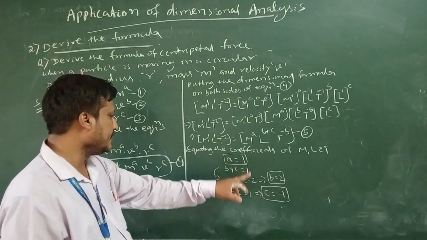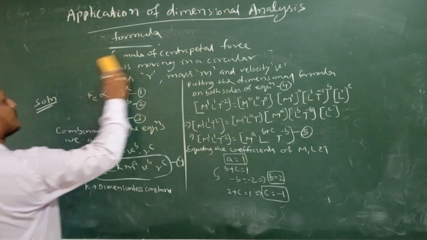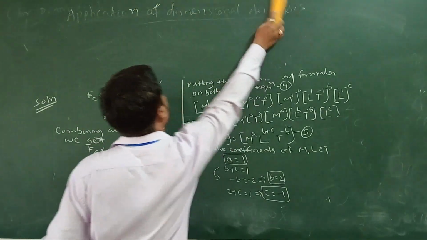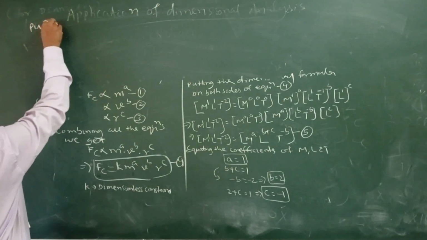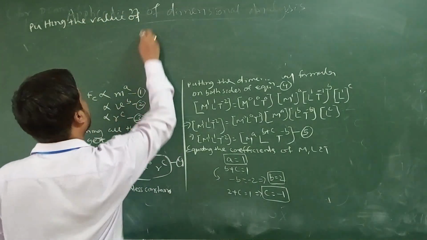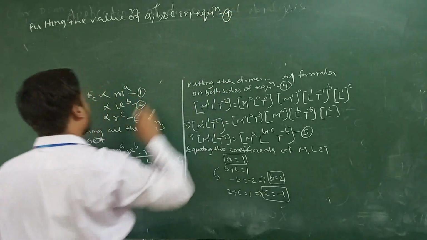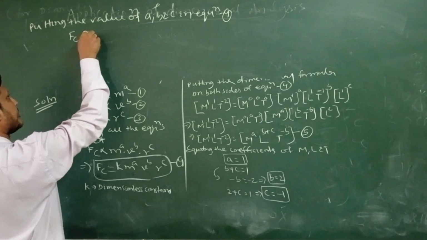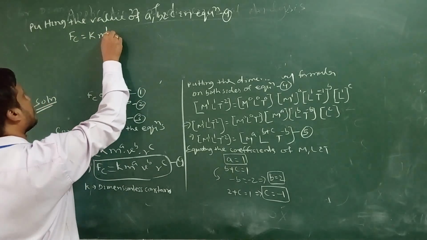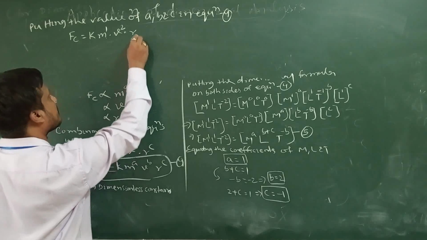Putting the values of a, b and c in equation number 4, Fc equal to k, m to the power a, that is m to the power 1, v to the power b means v to the power 2, and r to the power c means r to the power minus 1.